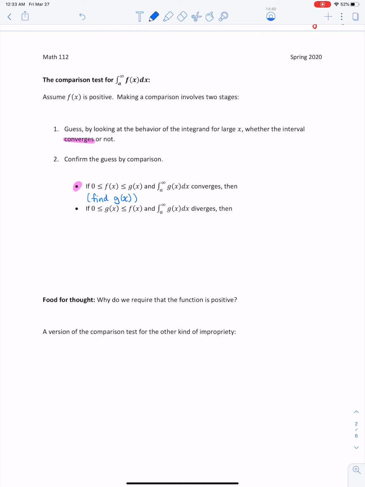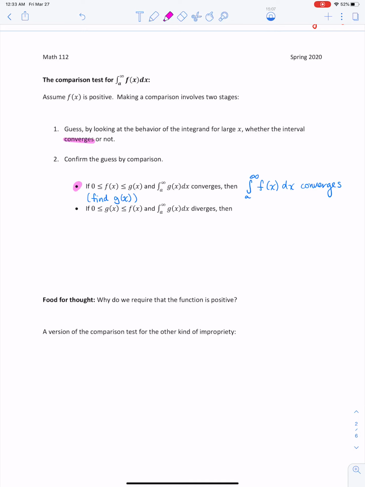And if that's the case, then we know that the integral from a to infinity of f of x, our function, also converges.